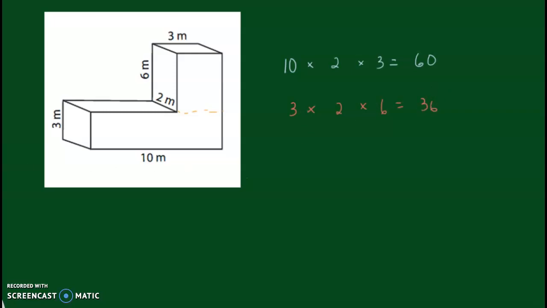So now I'm going to take my 60 meters, and in this case, since it's volume, it's 60 meters cubed. And to that, I'm going to add 36 meters cubed. And when I add those together, I end up with 96 meters cubed.